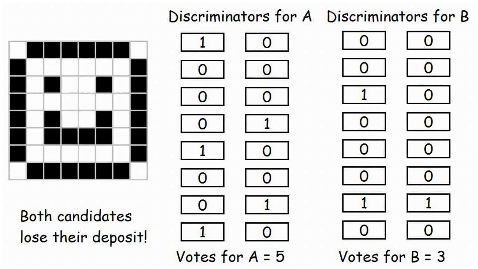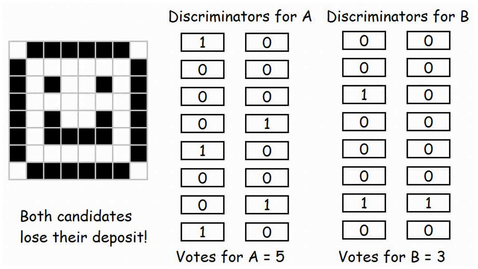You have a series of these discriminators for each pattern that you want the system to recognize. Each discriminator has its address lines connected to pixels in the image randomly, so that there are no overlaps and each pixel is accounted for. Then you present an example of one of the patterns to those lines, and ensure that the slots selected in the discriminators corresponding to that pattern produce a 1.